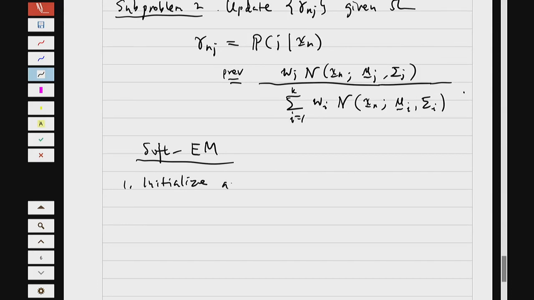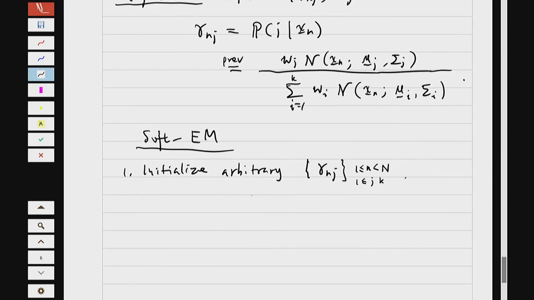So again, we initialize arbitrary gamma nj, of course, for n between 1 and N, and j between 1 and k. For all bumps and all points, we initialize this. One common thing you do is just use k-means again.